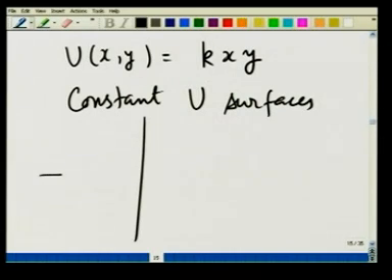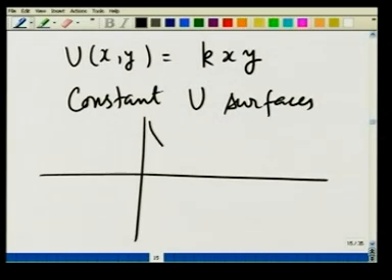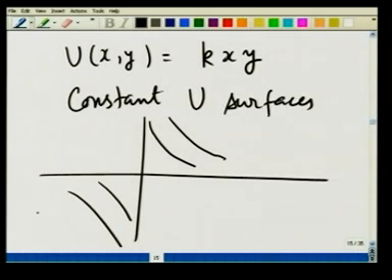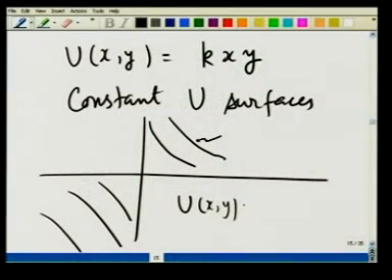These, as I said earlier, are going to be hyperbolas depending on what C is, and so on. Now, since U(x,y) over these surfaces is a constant, this implies that kxy equals c.